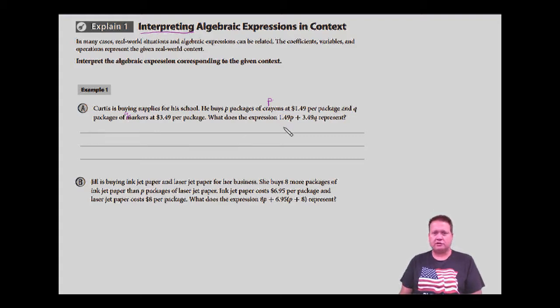The expression represents the total cost of buying P packages of crayons and Q packages of markers. $1.49P tells me the cost of all the packages of crayons I might buy, and 3.49Q represents the cost of just the markers I might buy. Together, 1.49P plus 3.49Q, the expression represents the total I would spend on these items together.